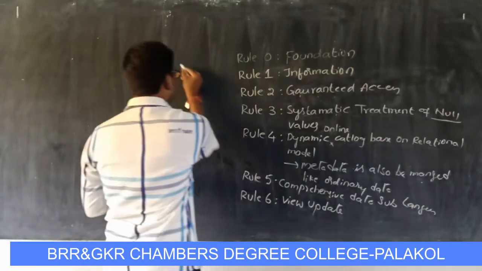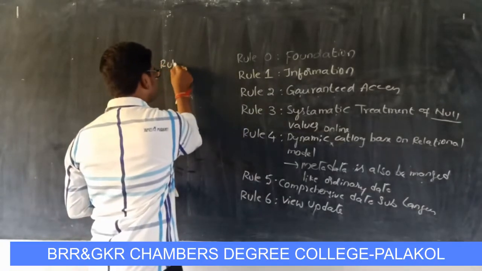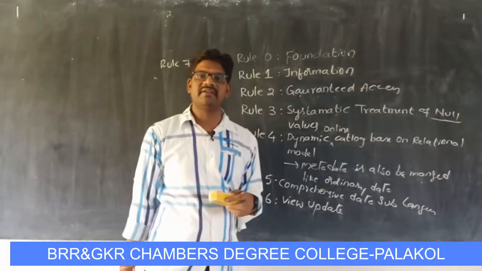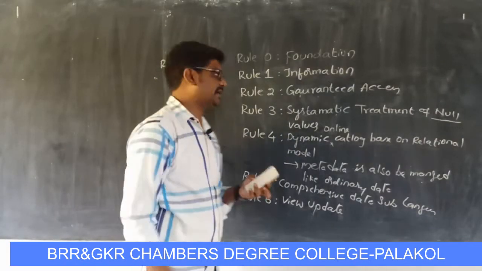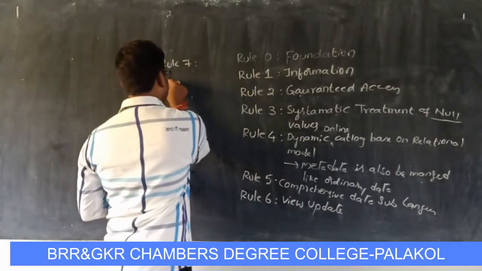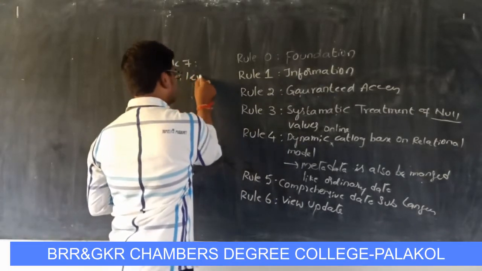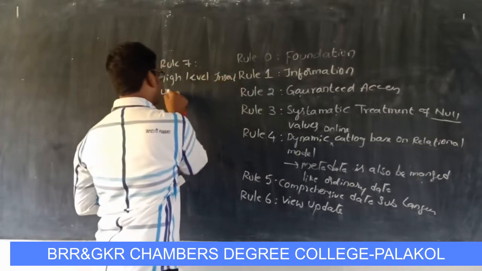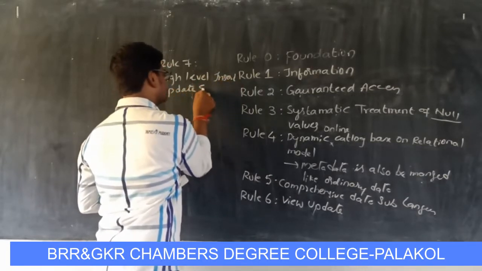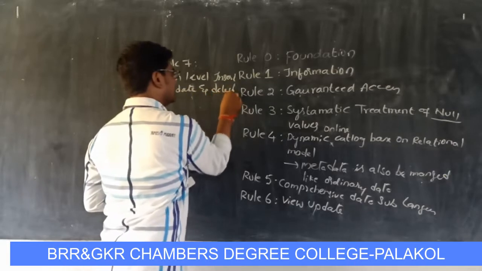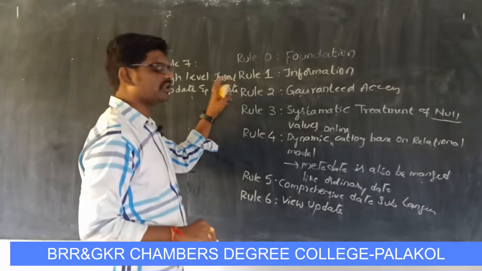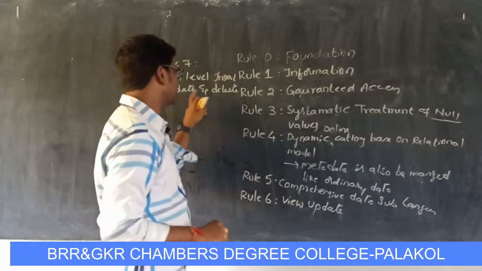So what is rule 7? High level insert, update and delete. We have to maintain all these operations: insert, update and delete.